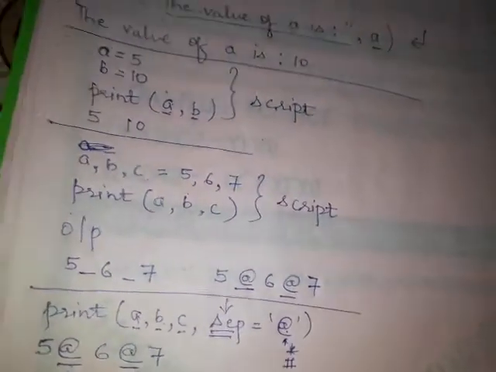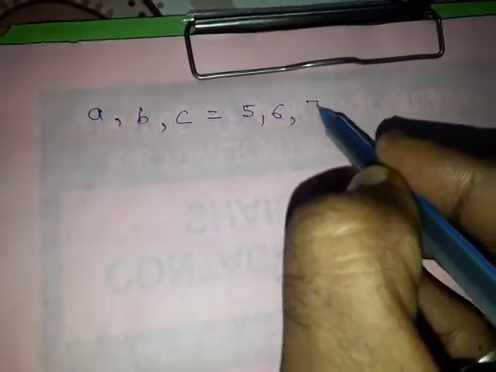Another argument of the print is, let's see, suppose A comma B comma C equals to 5, 6, 7.